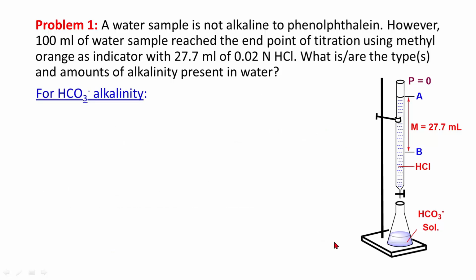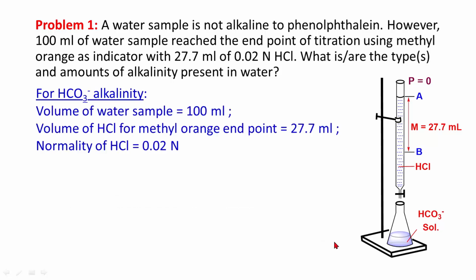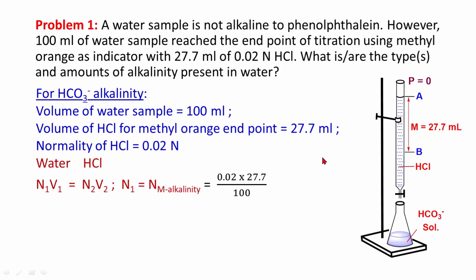For bicarbonate alkalinity, the volume of the water sample given is 100 ml. Volume of HCl for methyl orange endpoint is 27.7 ml and normality of HCl is 0.02 normal. We can apply the normality equation, N1V1 is equal to N2V2.